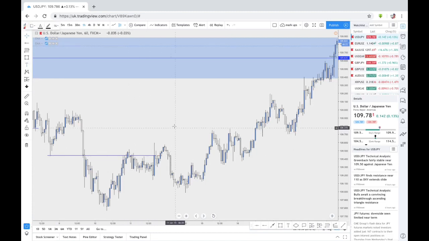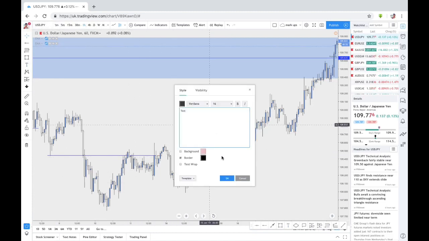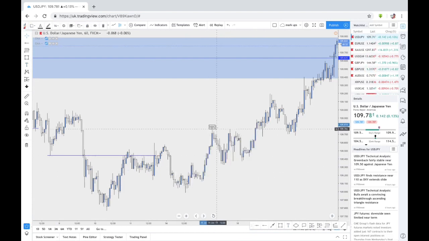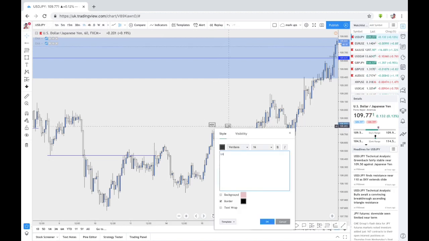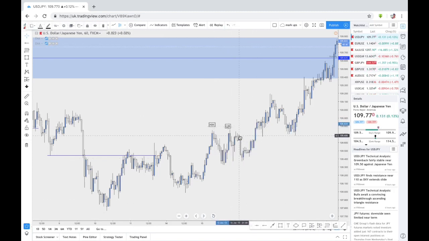Now if you notice, after our higher high over here, we then had a lower high over there, and then another lower high over here. You can see the market is coming down, but we are still maintaining that uptrend structure, because we are still making higher low points.